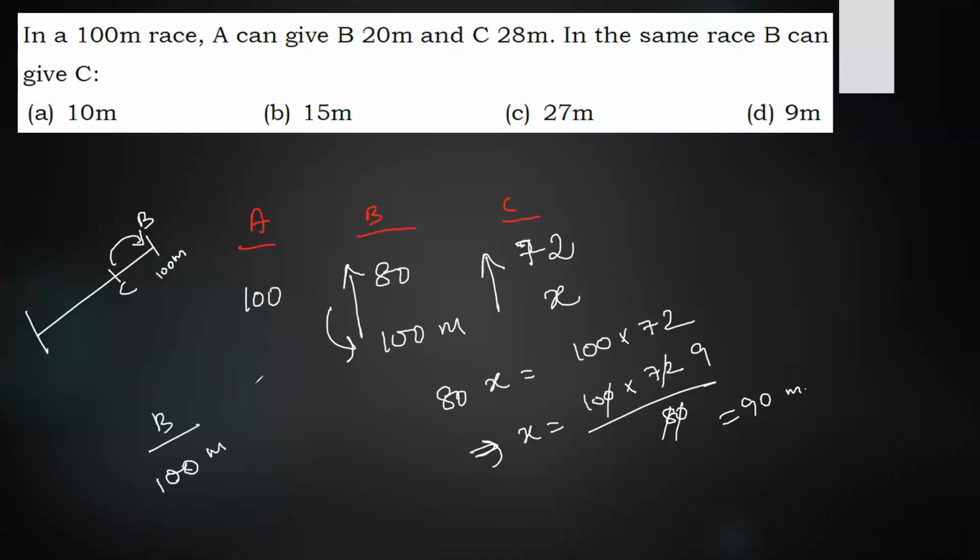Direct variation, so cross multiply. x equals 100 into 72 divided by 80. You can divide by 8 and you will get 9, so 90 meters. So if B runs 100 meters, at the same time C will run 90 meters. The difference between them is 10 meters. So B can give C 10 meters. That is the meaning here.